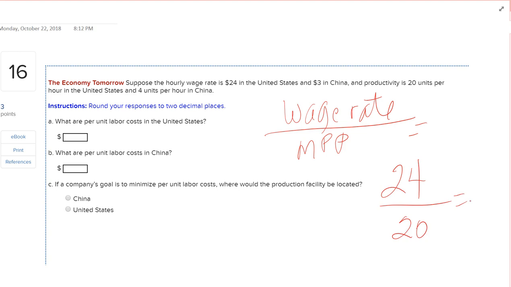So that's the U.S. Then you're going to set up the same information for China, and you've got the wage rate is $3 an hour, and they produce 4 units per hour. And that's going to give you per unit labor costs in China. And it might surprise you to discover that one country has a lower cost of productivity than the other. And then finally, if a company's goal is to minimize per unit labor costs, which one's going to be lower? And I think you'll figure that out pretty easily.